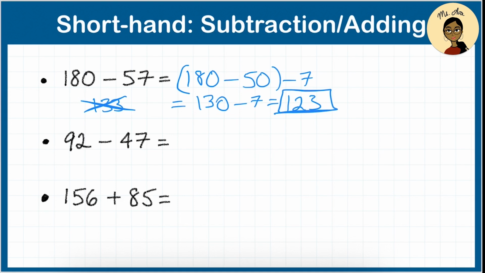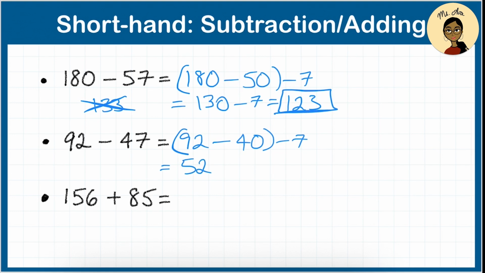Then for the next one, we can do the same kind of thing. We're going to do 92 minus 40, and then from that, we're going to take away 7. So what's 92 minus 40 going to be? That is 52. Good, 52.